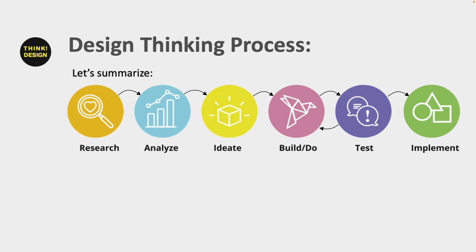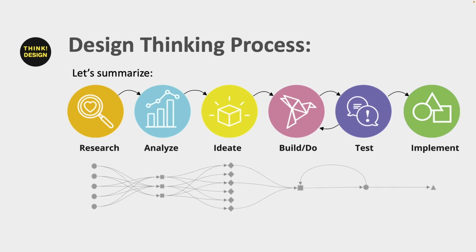So you have research, then you analyze the problem, then you ideate, then you build it, then you can test it. That's an iterative process, and then you implement it. If you look at it, you start with many issues, then you analyze and come to few conclusions. Then again the exploratory stage is ideation, where you think of many ideas.